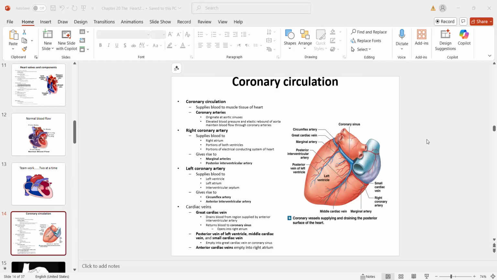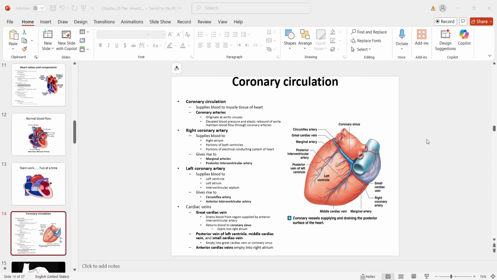When the left ventricle relaxes, blood no longer flows into the aorta. Pressure declines and the wall of the aorta recoils. This recoil, called elastic rebound, pushes blood both forward into the systemic circuit and backward through the left and right aortic sinuses, and then into the respective coronary arteries.